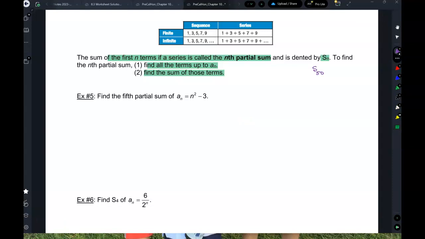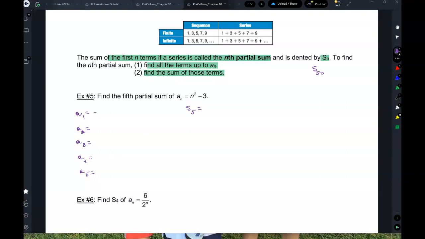Okay, so fifth partial sum means I want S sub 5. That means I want the first number and the second number and the third number and so on. Now, like I said, this first lesson is just a general lesson on sequences and series, and then the next two have patterns, so it'll be a little bit different.